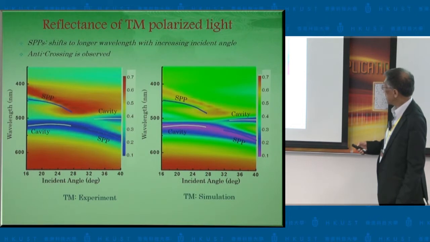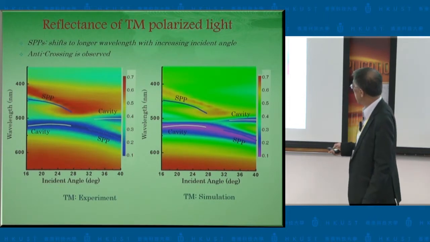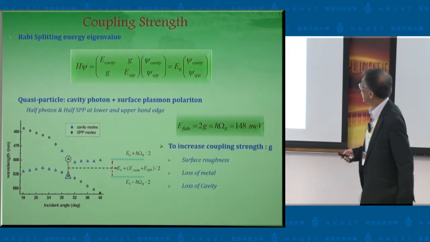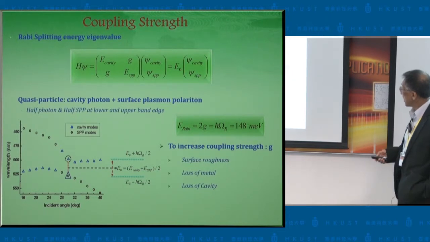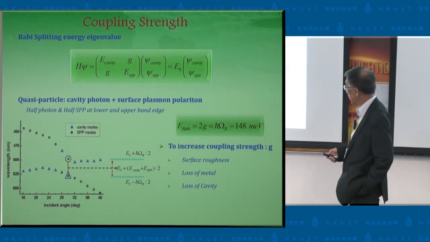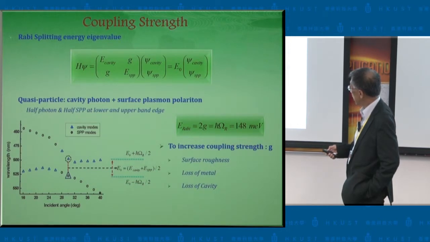The simulation agrees well with the experimental result, and so the split can be represented by this Hamiltonian, where g is the coupling, and here schematically we've shown what we call a dispersion graph showing the split and the gap.